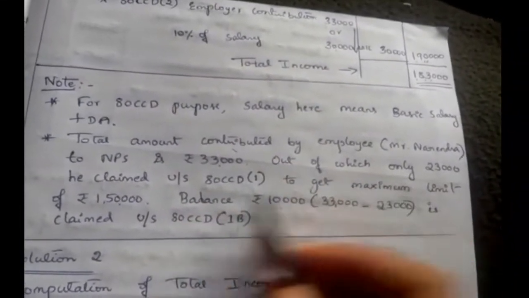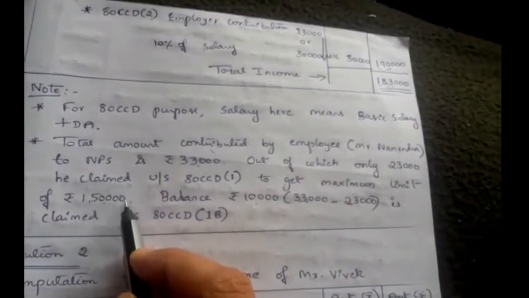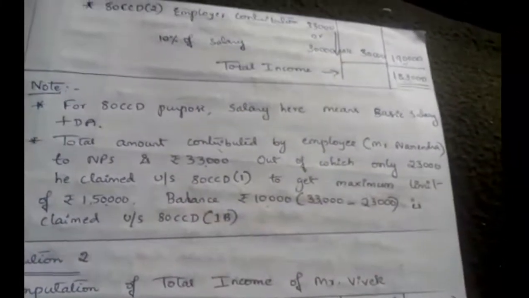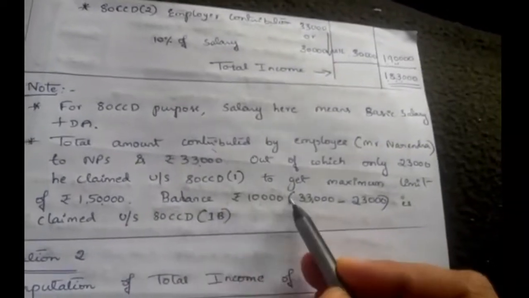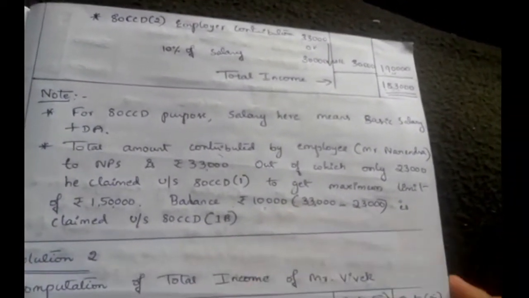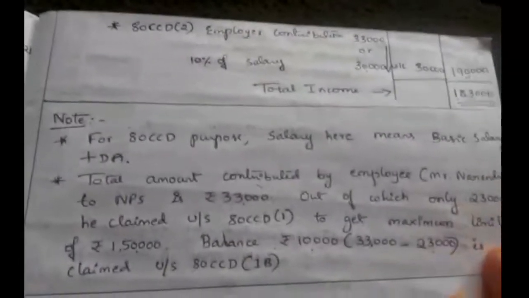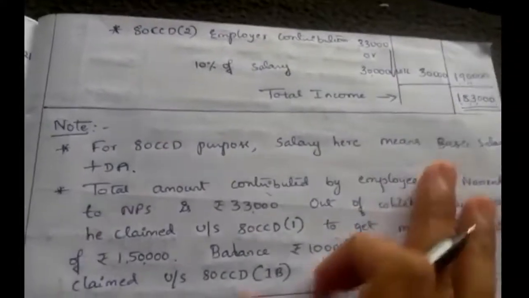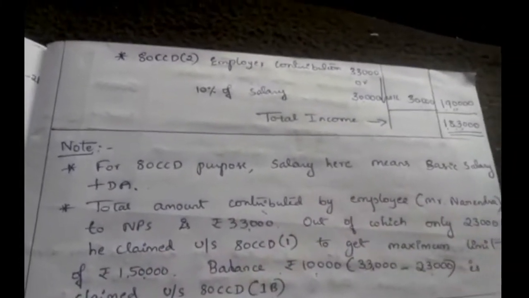In order to stay within the maximum limit of 1,50,000 which is stated under section 80CCE. So the balance, 33,000 minus 23,000, which is 10,000, he can claim under 80CCD 1B. I have written that in the note. So this is the solution for illustration number 1.